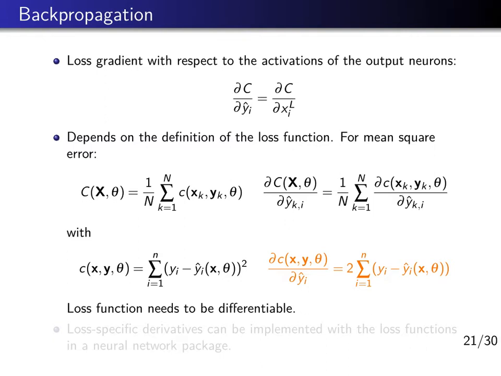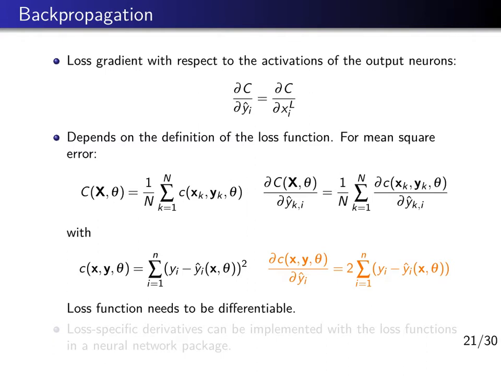Interestingly, we often have the following form of the loss function. We have something like 1 over n times the sum over all data points of a loss function contribution of every single data point. For example, for the mean square error, this is just the sum over the square differences of predictions minus label, or label minus prediction. And then if we take the derivative here, this turns out to have a similar form.